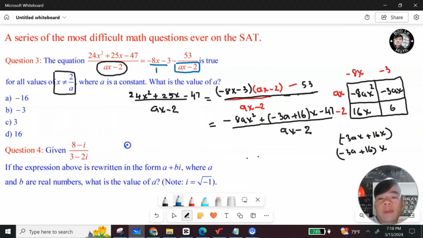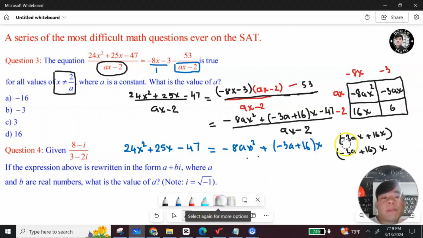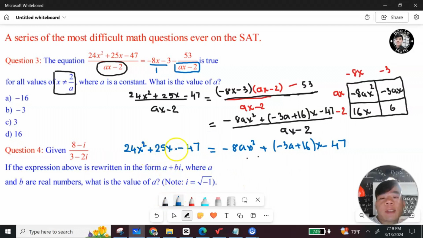So basically I have 4s squared plus 25s minus 47 equal negative as squared plus parenthesis negative 3 plus 2a times s minus 47. Now the left hand side is quadratic, the right hand side should be quadratic too.